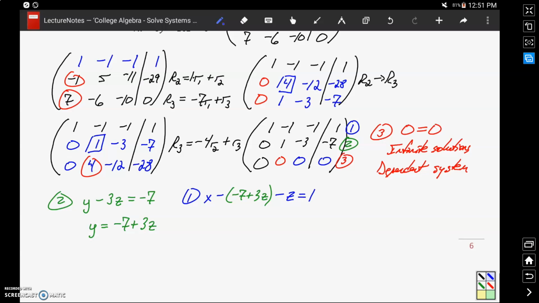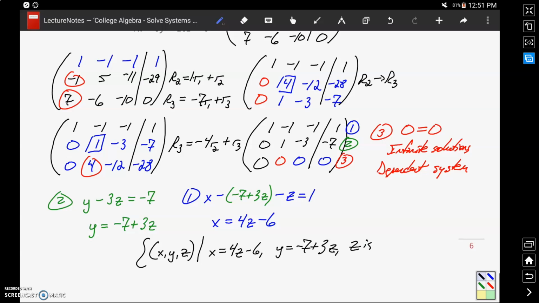We could distribute the negative sign through and solve for x to obtain x is equal to 4z minus 6, which will allow us to write our solution as the infinite set of ordered triples x, y, z, such that x is equal to 4z minus 6, y is equal to negative 7 plus 3z, and z is any real number.